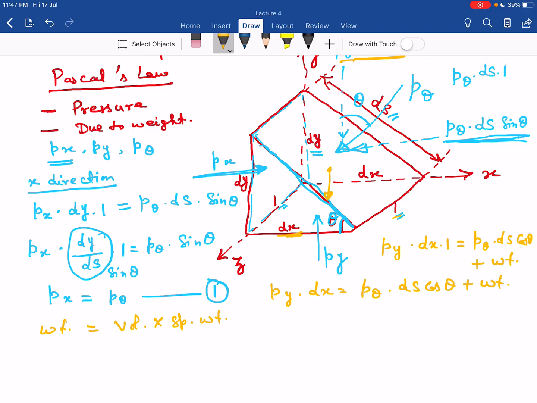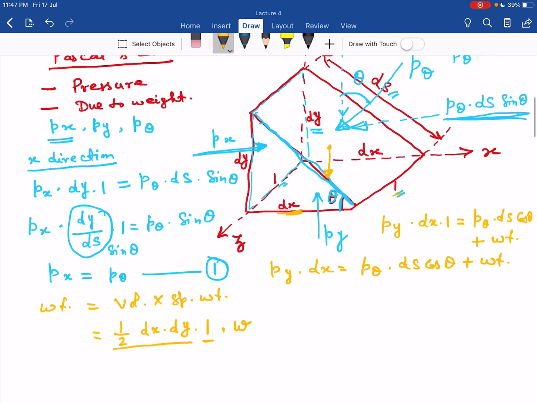So volume of this wedge shape is equal to 1 by 2 dx into dy into 1, area multiplied by the depth, multiplied by the specific weight of the fluid from which this element is made, that is W. So this becomes 1 by 2 dx into dy into W.